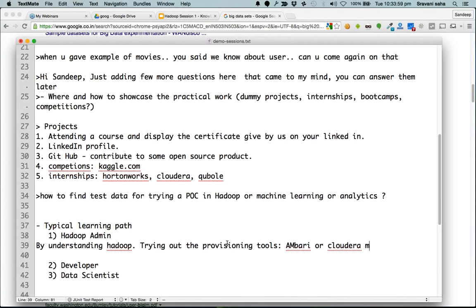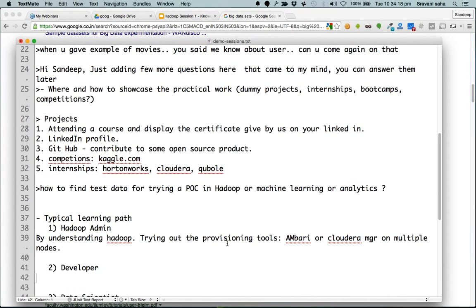But I would prefer Ambari. And try it out on multiple nodes. There is a lot of documentation available.